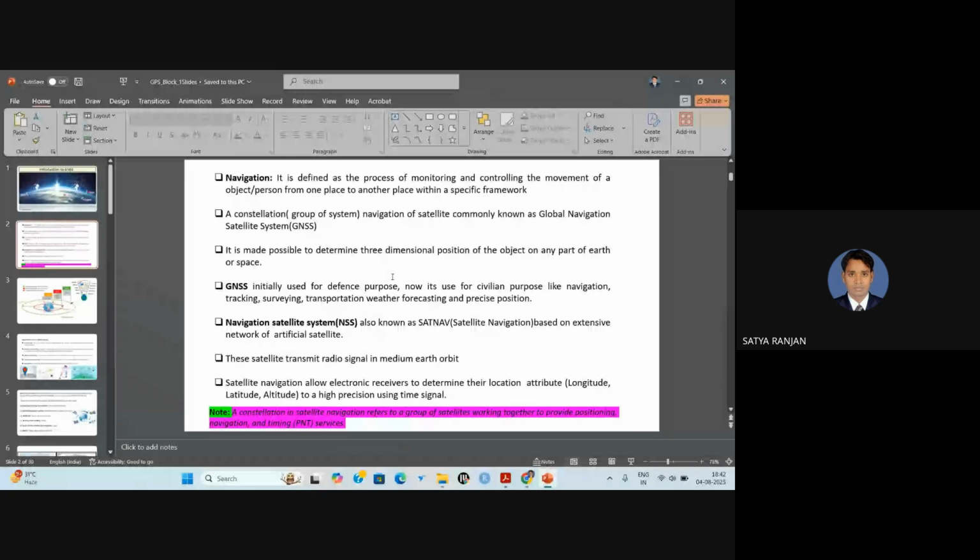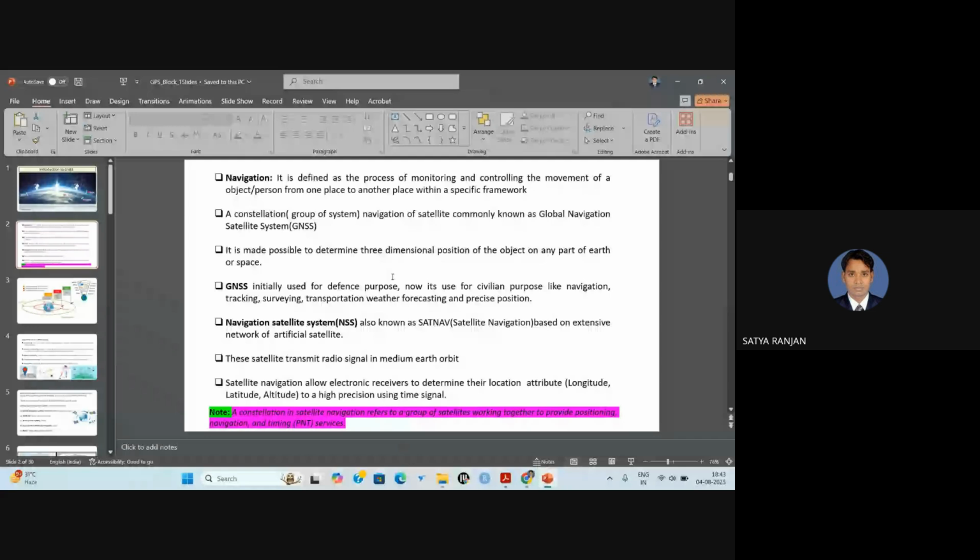So it is initially used for defense purpose, and now it's used for civilian purpose like navigation, tracking, surveying, like GPS survey, DGPS survey for cadastral surveying, then transportation, mostly used in the transportation sector, then weather forecasting, then precise positions.